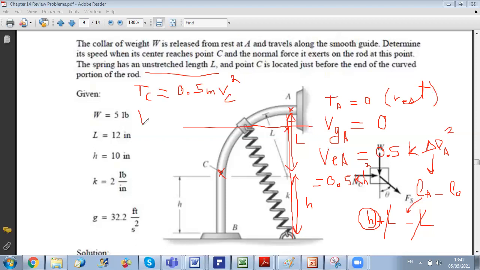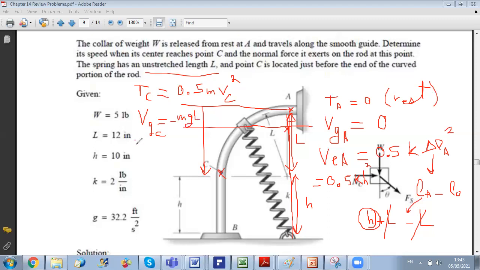Since our reference is at A and C is below the reference, V gravitational at C is a negative potential, so it's minus mg times the distance. This distance is L.